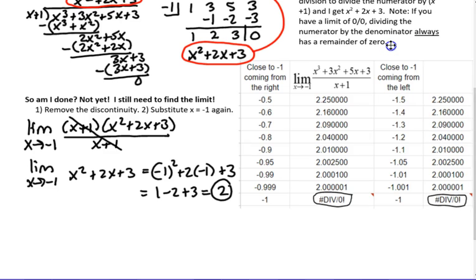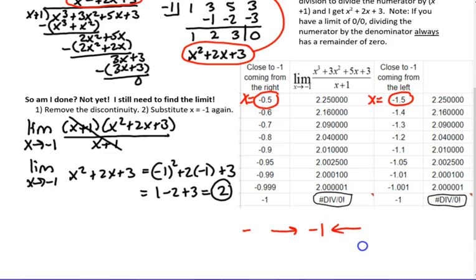And I guess I forgot to show the spreadsheet earlier, but this is a good time to talk about it. So if we pick values that are close to negative 1, on the left we start with x equal negative 1.5, and on the right x equals negative 0.5. So we're approaching negative 1 from either side.